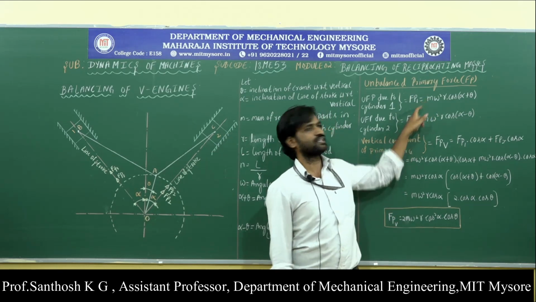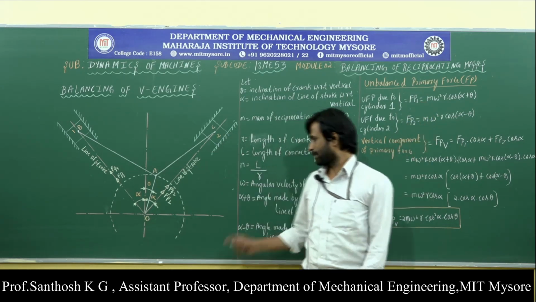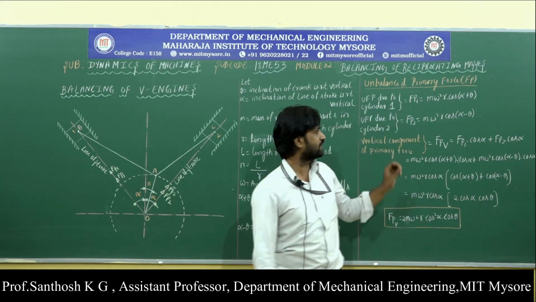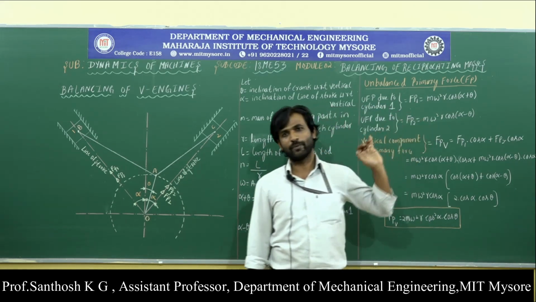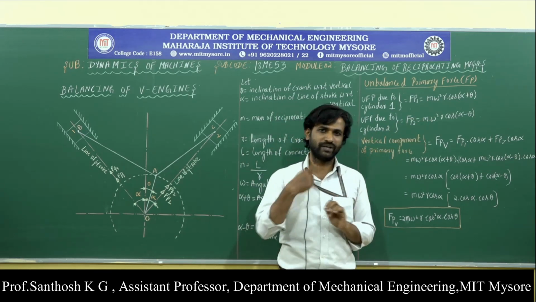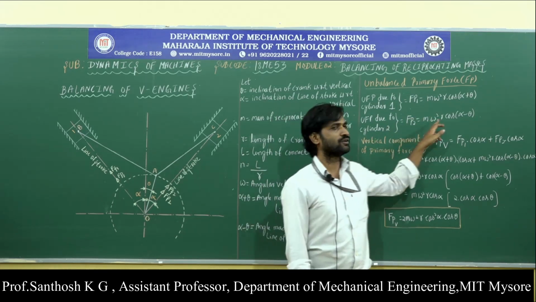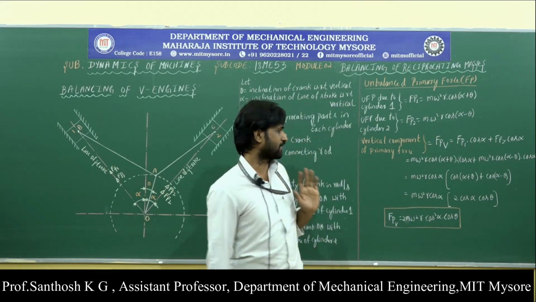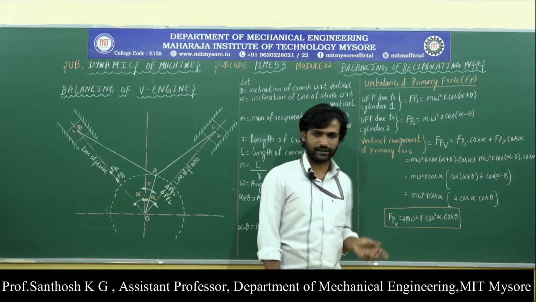In these two equations, m represents the mass of the reciprocating masses in each cylinder, omega represents the angular speed with which the crank will be rotating, and r represents the radius of the crank or the length of the crank.